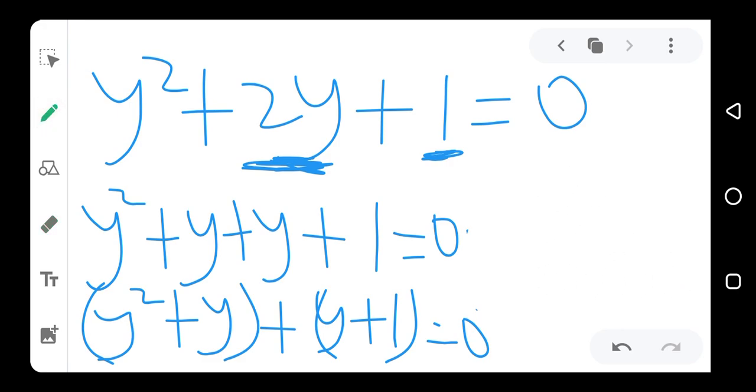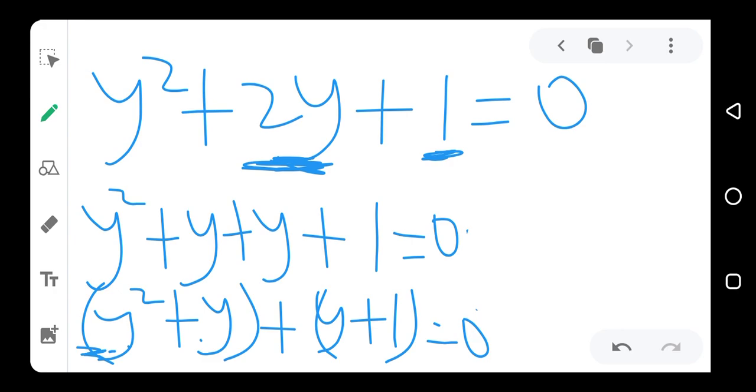Now after grouping, we find the common factor in the brackets. For the first one, we have y here, we have y here, and we have y here. What is common here is y. So we bring y outside in this first bracket, and for the second bracket, anything standing on its own is times 1. So y is like y times 1, and 1 is like 1 times 1.